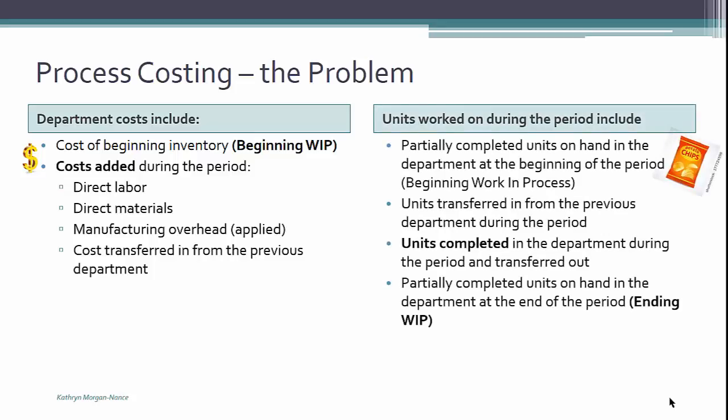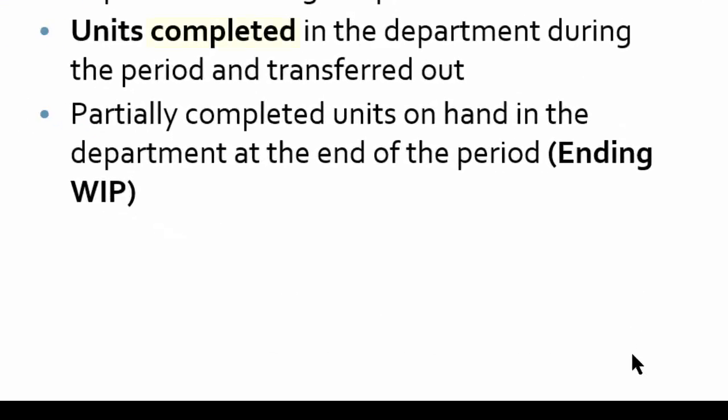Quantifying the number of physical units we worked on takes a little more thinking, but it isn't too bad. Consider it this way. The product we worked on during the period includes the units completed and transferred out of the department during the month, and it also includes any units that are still not completed with respect to the processing done in our department during the month.